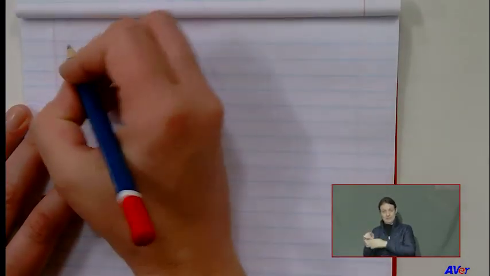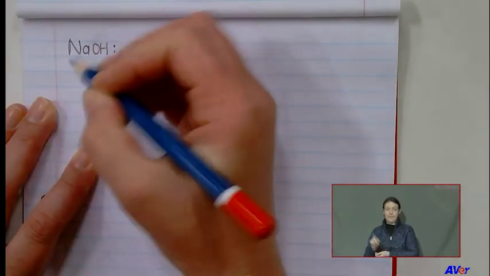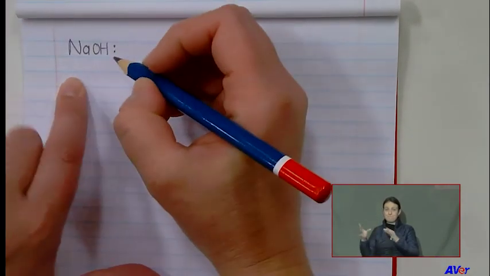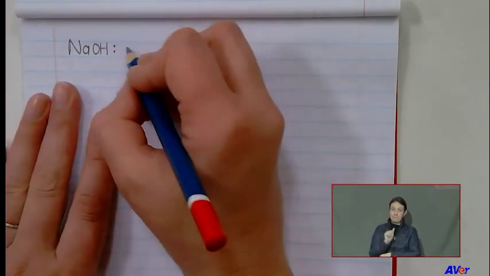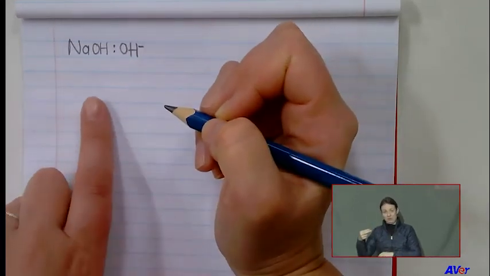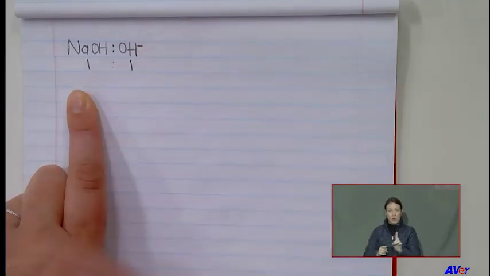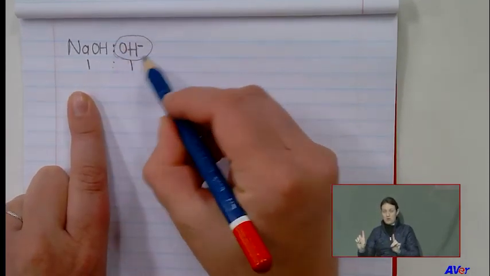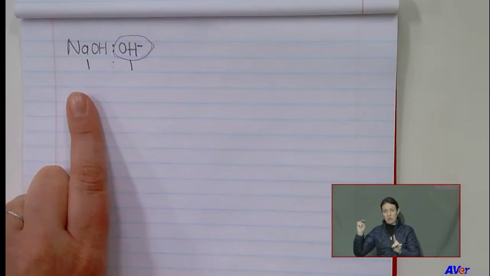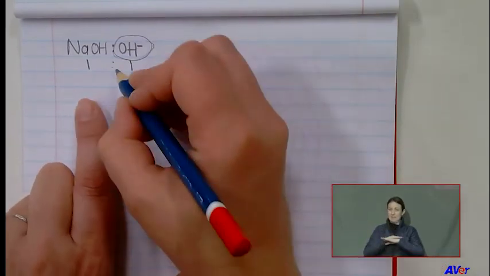So if we look at sodium hydroxide, it is going to dissociate to form sodium ions, which I'm not interested in at the moment, and hydroxide ions. But it is going to dissociate in a ratio of 1:1. They've specifically told me here the concentration of the base is 0,5.